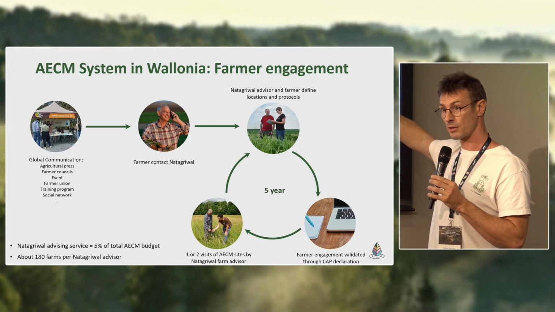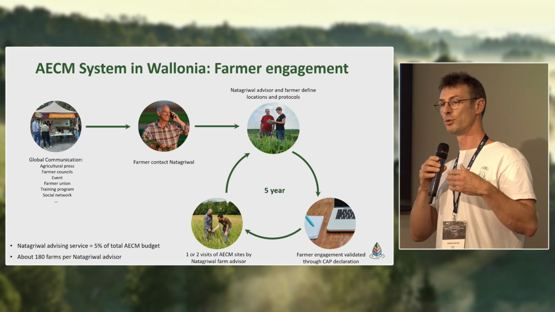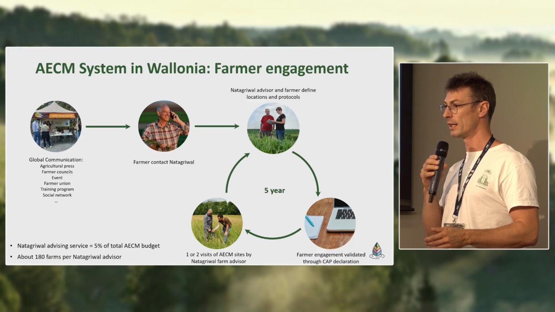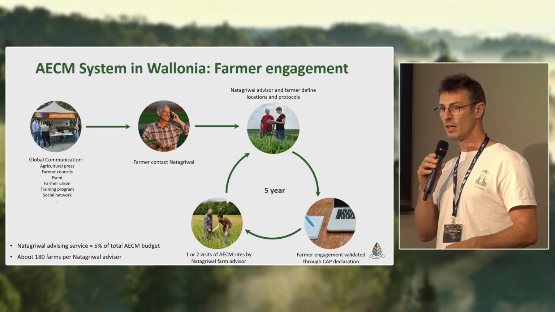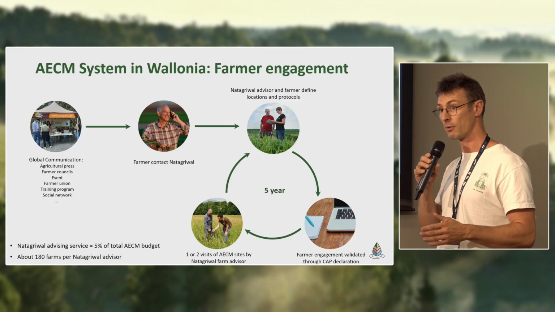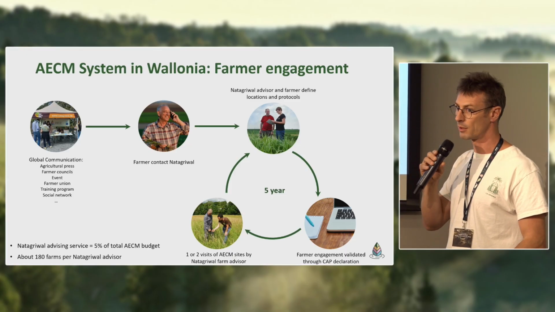And during the 5-year contract, the farm advisor comes at least 1 or 2 times to check if everything is going well and identify the local issues with the farmer. Do you have too much weed in your schemes? Was the grass implementation nice, etc.? So this is the kind of issue that the farm advisor and the farmer discuss together.